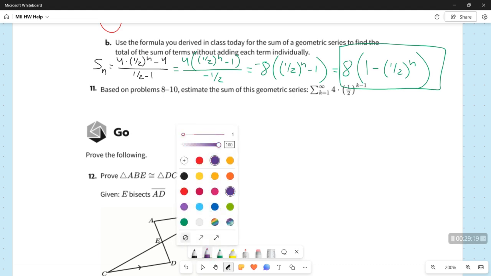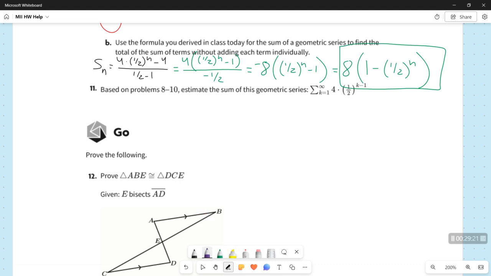We'll say purple. And what would happen if we were to take that formula, and let's say we did 8 parentheses 1 minus 1 half.